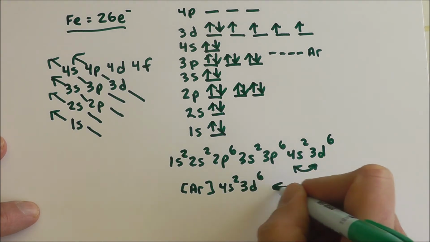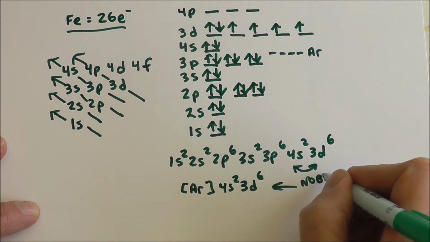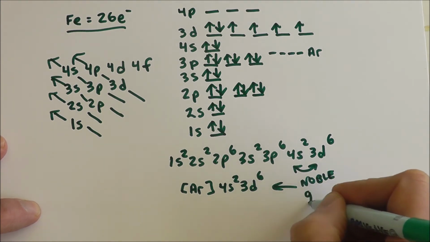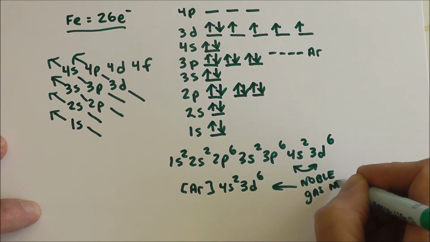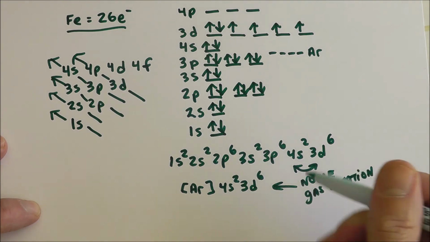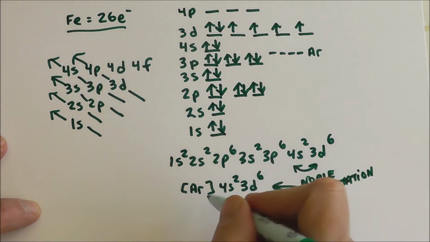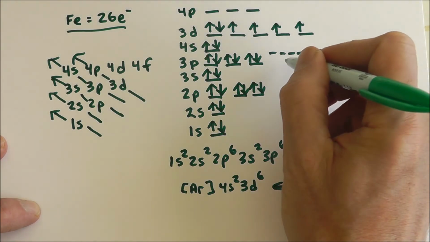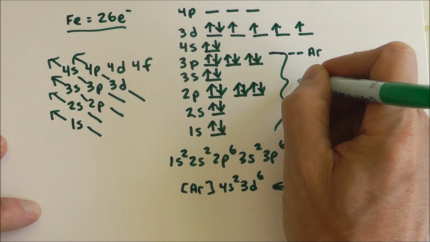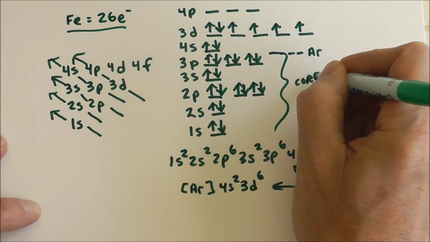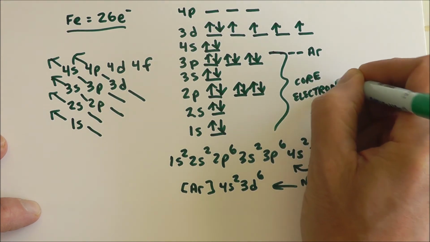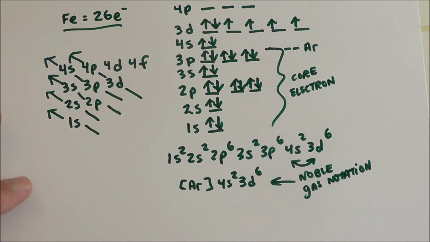This is called noble gas notation. Both are equally correct, just one's easier to do and shorter. And all these electrons in the filled shells are called core electrons, and they pretty much ain't going anywhere because they obey the octet rule.